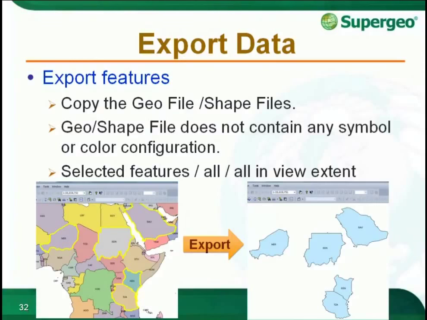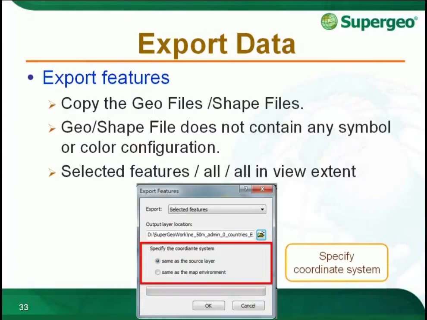Export Features can export the whole features, the selected features, or the features in the current view extent. And it's still vector data, so the symbol and color settings are not recorded. Besides, you can specify the coordinate system of the output layer.